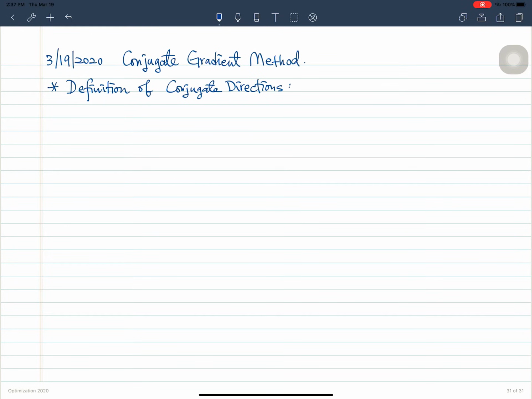Okay, so first we need a symmetric matrix, and if we call this matrix Q, it's some arbitrary matrix, but it's a symmetric matrix, and also two vectors, D1 and D2.